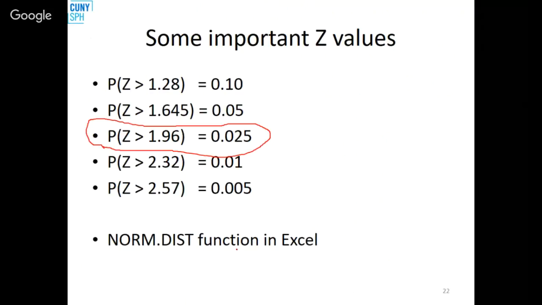I don't know if you can just ask for the probability for a value of z in SPSS, but certainly you can do it in Excel, and this is not a bad way to check your work. Look in the table and do it in Excel and make sure you get the same answer for your exam.